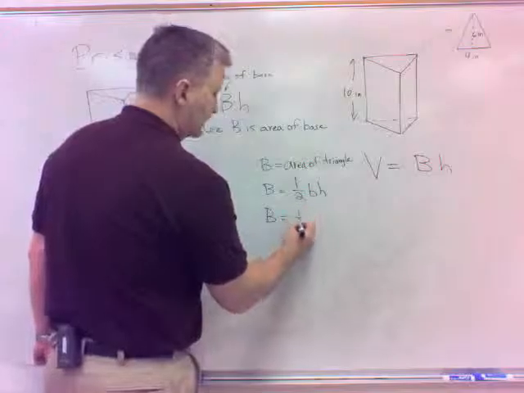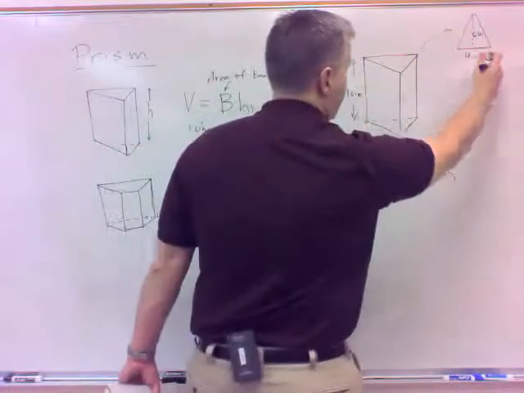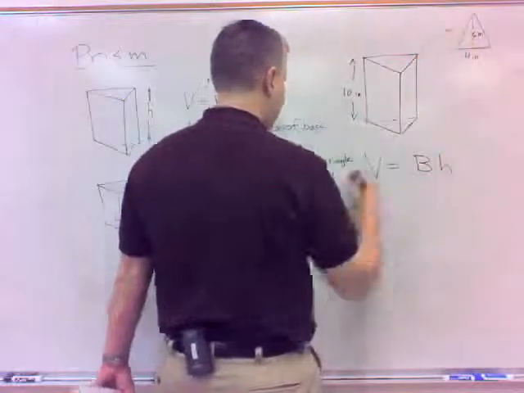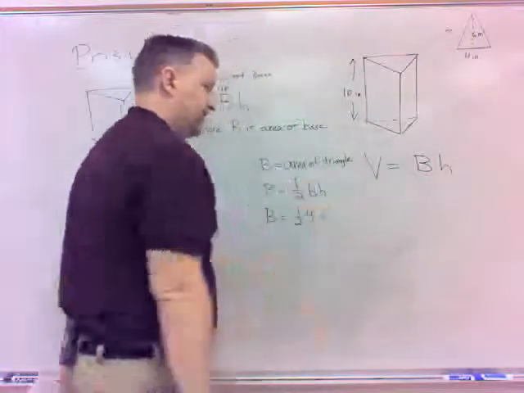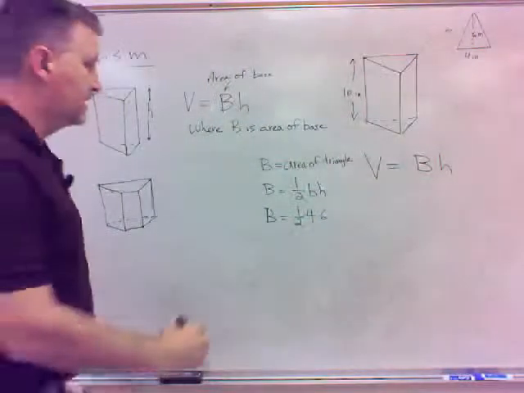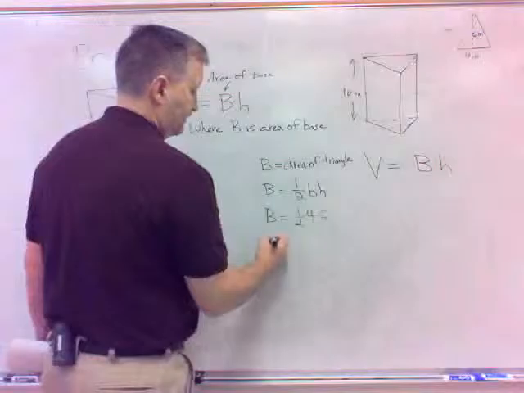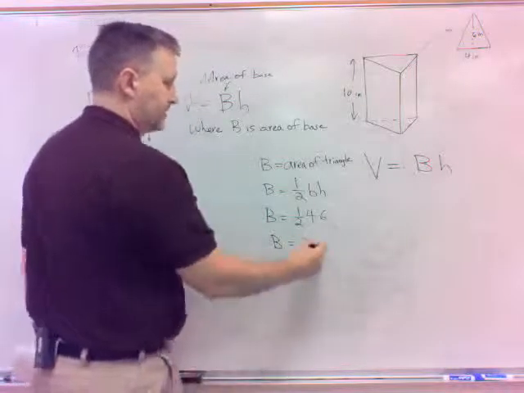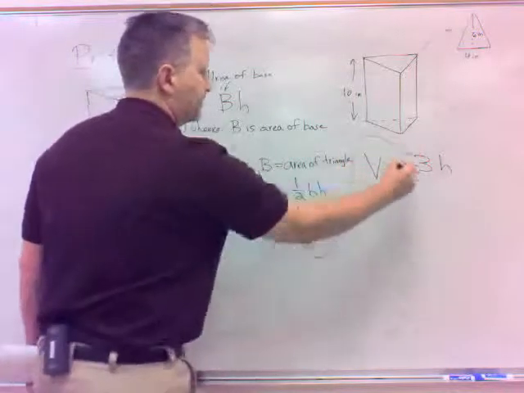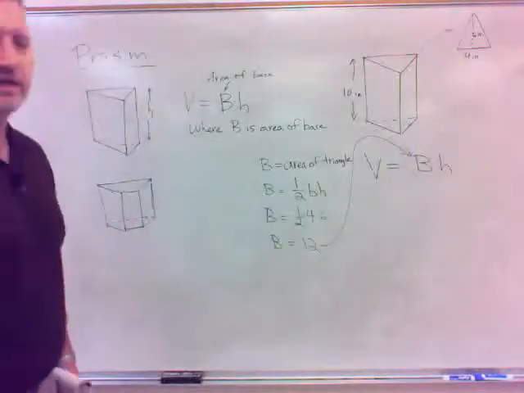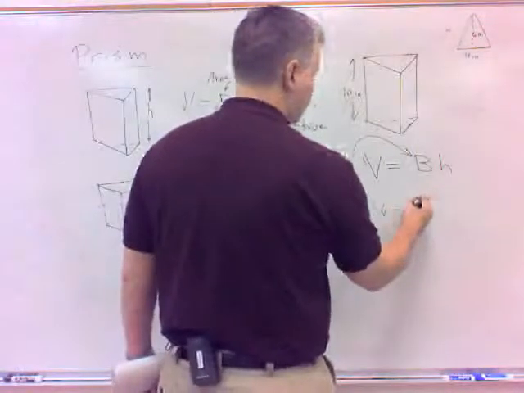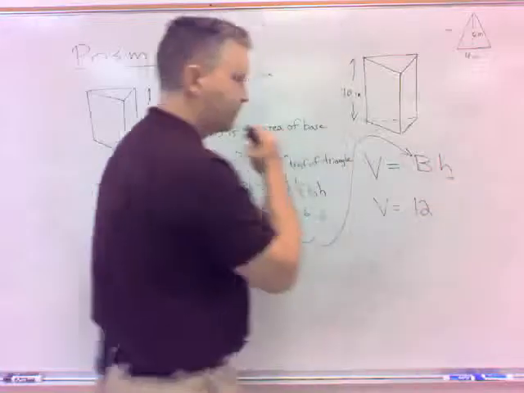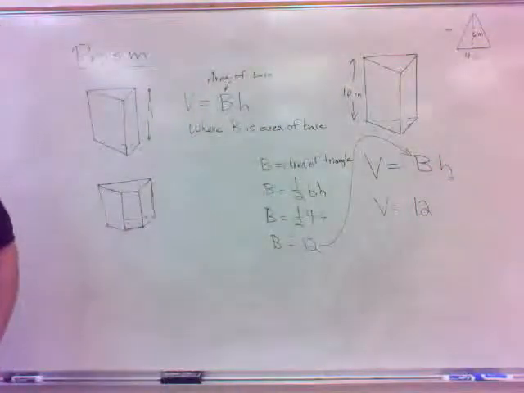Well, we look at our triangle there. The base, I drew it out. The base is 4, so that's B. The height is 6, so it'd be 1/2 times 4 times 6. It's 1/2 of 24, so that'd be 12. Big B is 12. So that's the number I put in for big B. So the volume of this prism is going to be the 12 times, now we're back to the volume formula for the prism.